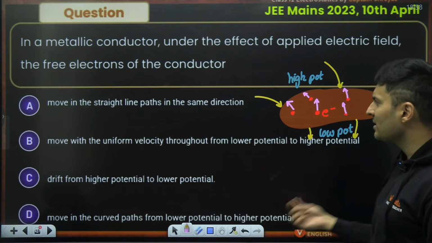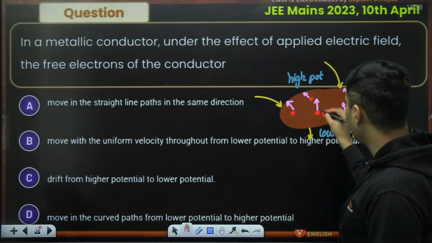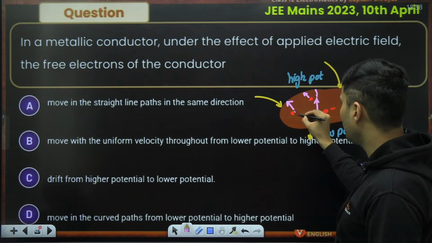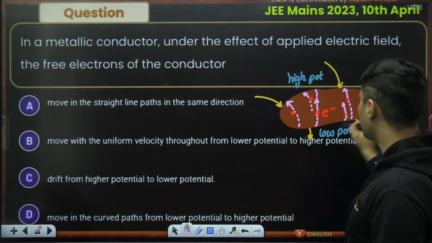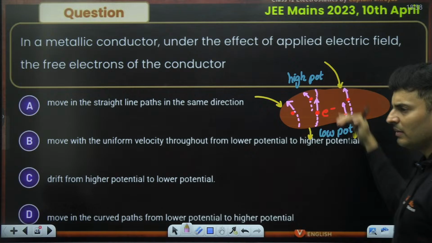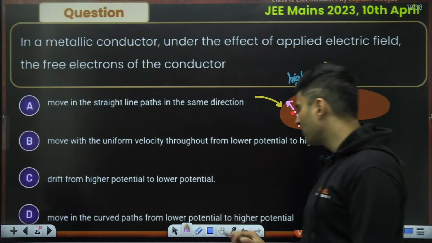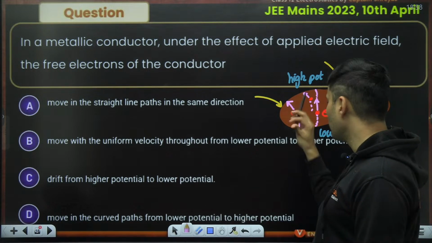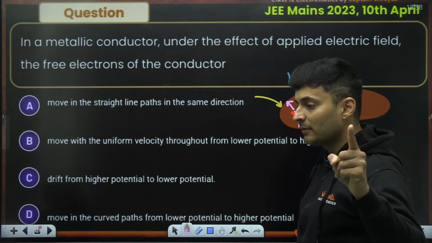Move in straight lines in the same direction, not necessarily. They might take curved paths also, because I don't know how the field lines are. They might take some paths like this, but they will definitely go from low potential to high potential. They are electrons, those are negative charges.